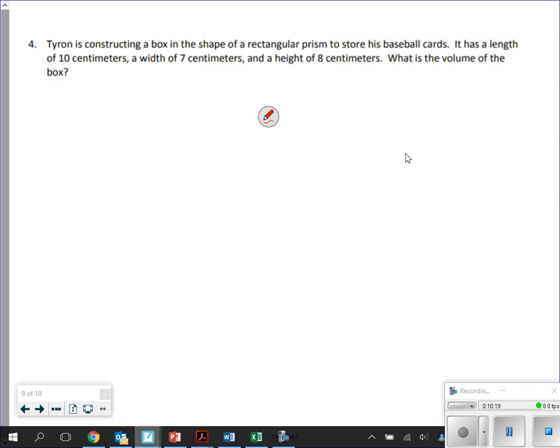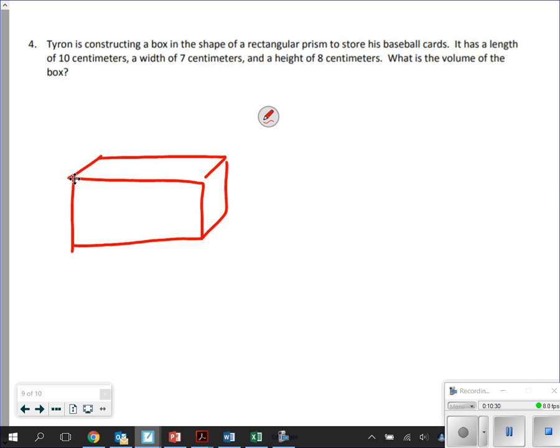Tyron is constructing a box in the shape of a rectangular prism to store his baseball cards. You don't have to draw that if you don't want to, because I might be better at drawing those than you.